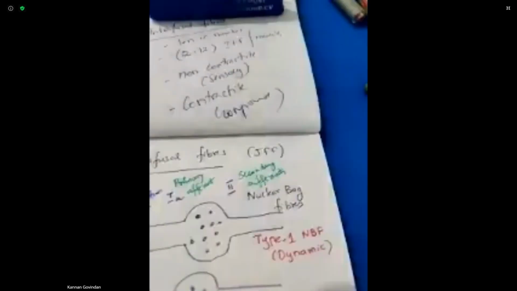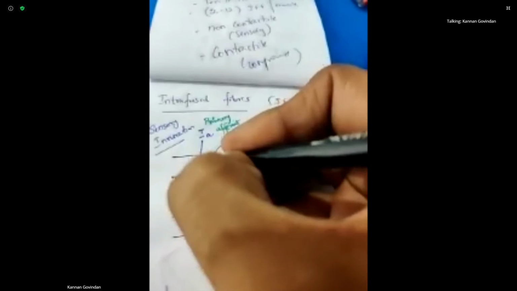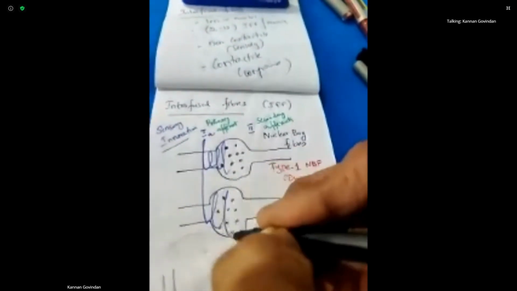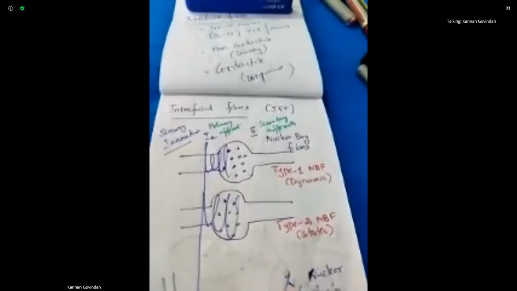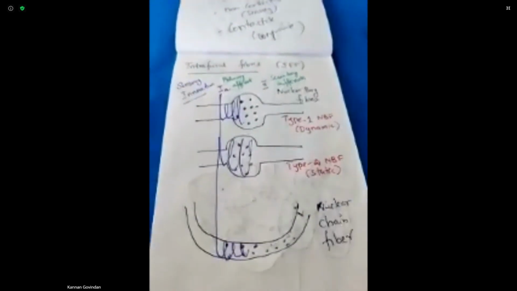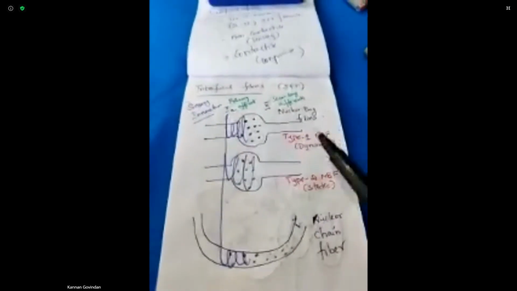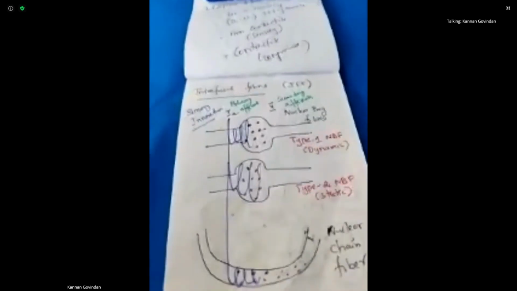The type 1A fibers will innervate all three. The primary afferent 1A fibers innervate the type 1 nuclear bag fiber, the dynamic bag fiber, the type 2 static nuclear bag fiber, and also the nuclear chain fibers.